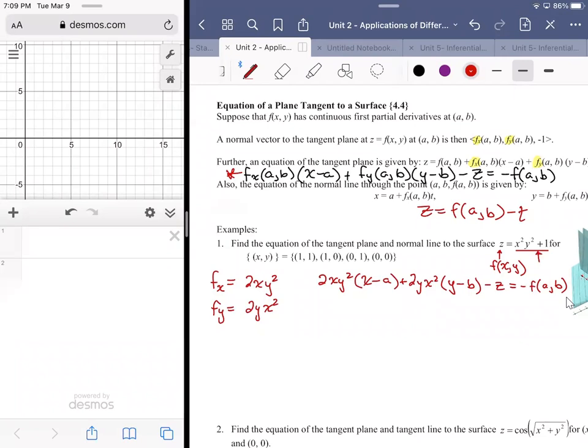So at (1, 1), I would be saying 2 times 1 squared times x minus 1, plus 2 times 1 squared again times y minus 1, minus z is equal to, and then I would evaluate this for a and b. So if I wanted to say f of a comma b, I could write it above it.